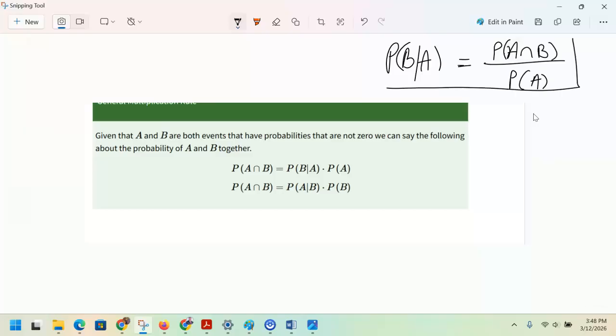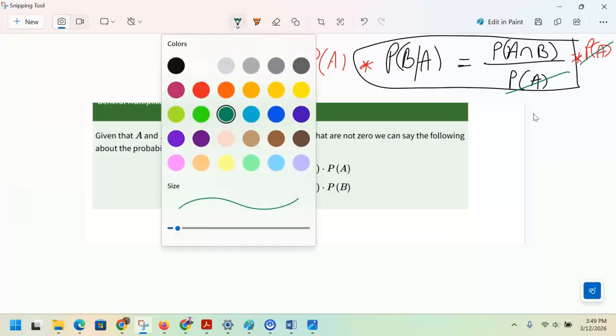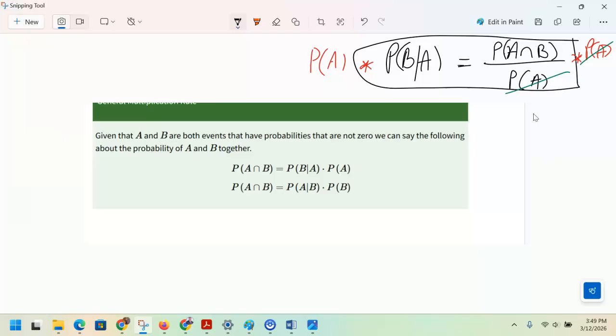So this is the main conditional probability, where if you multiply both sides by the probability of A, this probability of A crosses out, and you end up getting the probability of A and B is the probability of A times the probability of B when A has occurred.